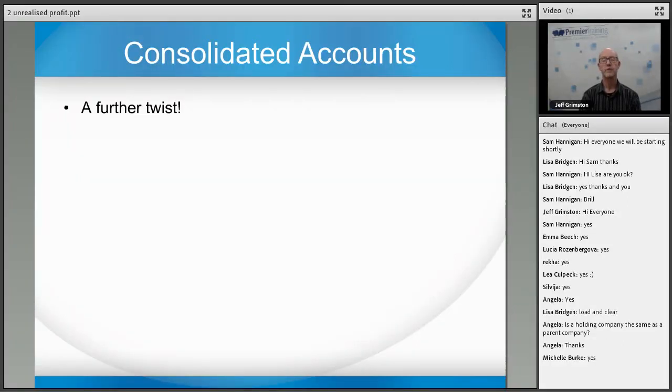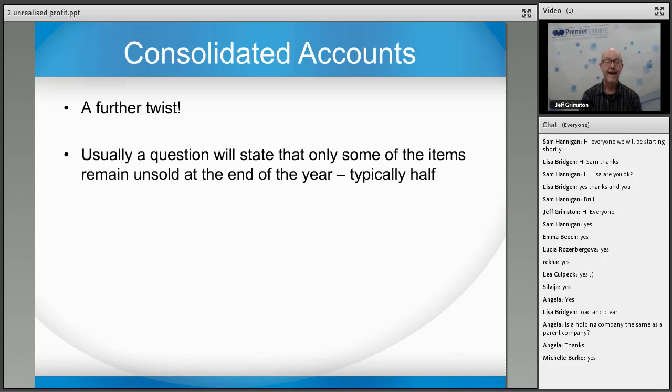A further twist. There won't be many more of these, don't worry. Almost always the question will say that only some of the items are unsold. Typically, it'll be half. So if half of the items have been sold, then half of the profit has been realised.